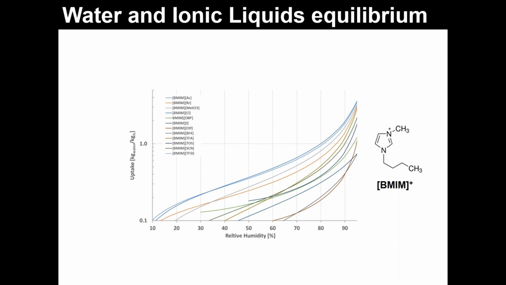All the isotherms are, as you can see here, type 3 isotherms, and usually the best way to fit type 3 isotherms is by using the Guggenheim-Anderson-de Boer isotherm. We have used it often.